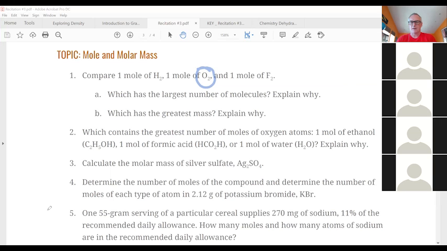Does 1 gram equal 1 mole? It does for one element, yes. But that's the only element that's true for. Every element is going to have a different mass for its mole because every element has a different size of atoms. So an atom of hydrogen has 1 proton and 1 electron going around it.